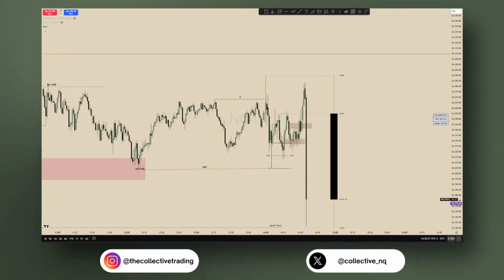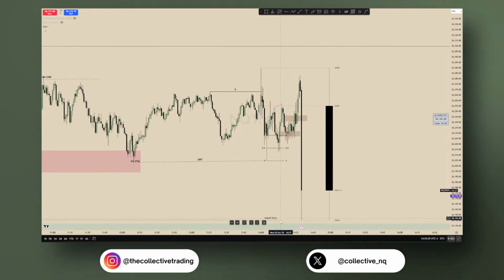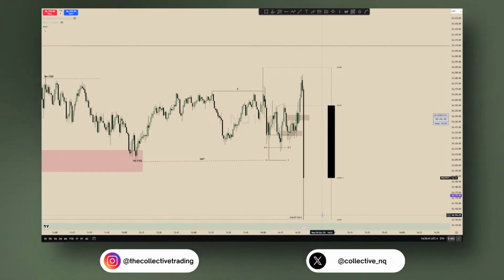Equal lows taken. Look at this, boys and girls. He didn't even say anything. Equal lows right there. All right. Well, there's the target taken. Whoa, calm down. It's not the target.